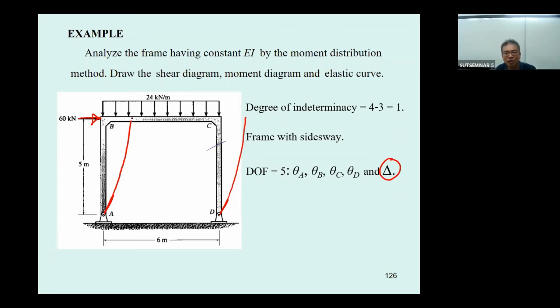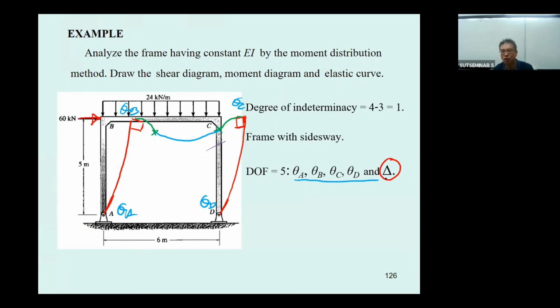This one concave downward, and the other, believe me, will be concave upward like this. So you have theta A, theta B, theta C, and theta D.